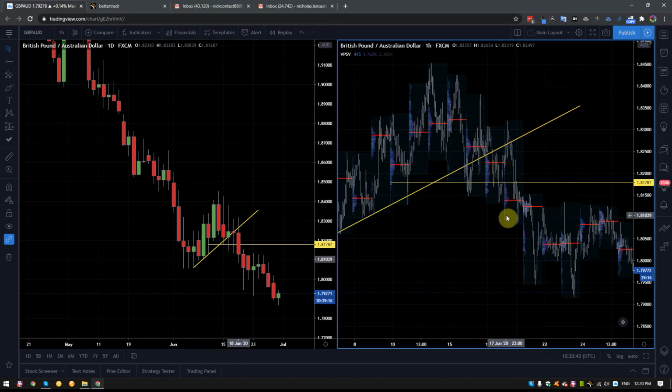And then bang, you get this punch down here. So, for example, when it popped down here, it pulled right back up here into all of these. So this is telling you there's a lot of business going on here. So that's going to cause resistance, which it did here.